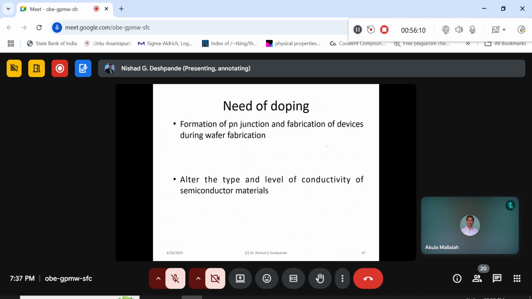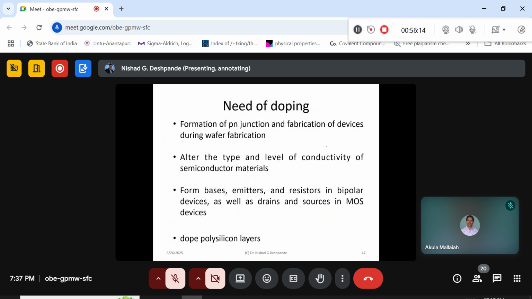I have already mentioned why we require this process, why we want doping. Later, when we complete all the steps and processes, we are going to see how a MOS device is formed, how bipolar transistors can be formed, how a PN junction can be formed, and how you can devise different kinds of ICs. What are the layouts that we'll try to understand, right?